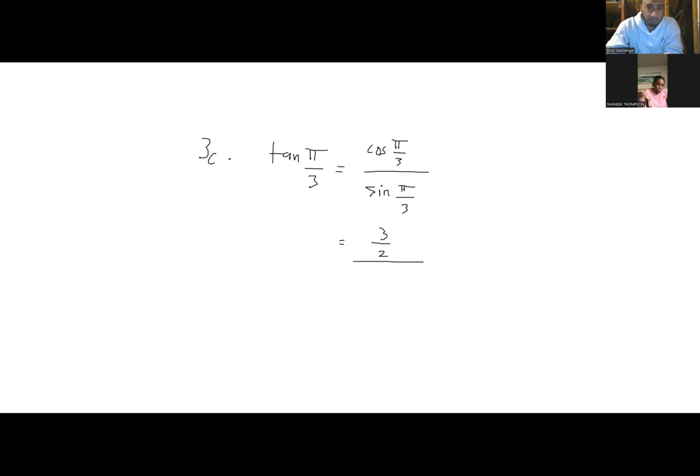The x value is 1/2? Mm-hmm. Okay, and then the y value? √3/2. You see what I'm writing, right? Mm-hmm. Okay, now just simplify this. This is the same thing as half times the reciprocal of this one, 2 over root 3.